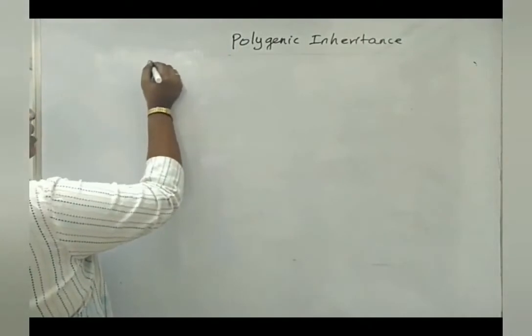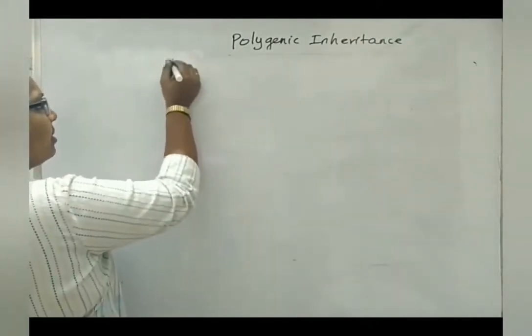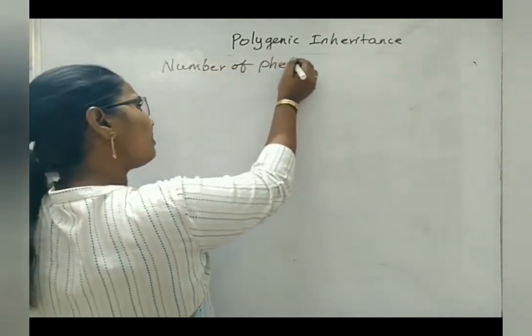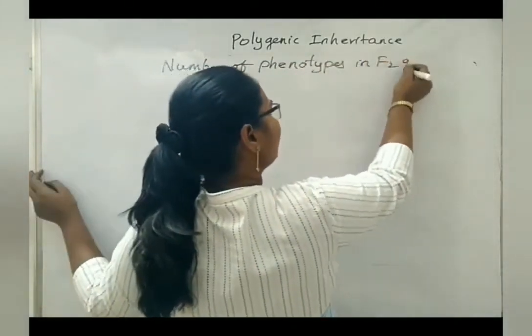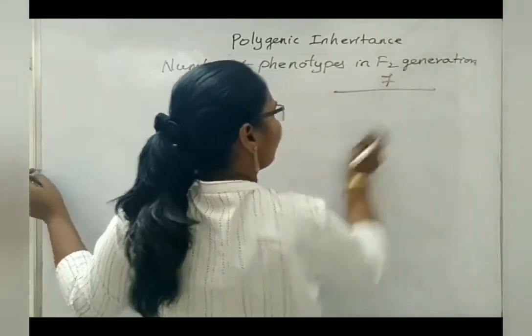Now, some points that are required for MCQs. Number of phenotypes in F2 generation: answer 7.